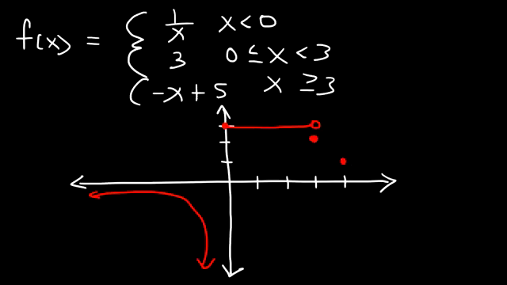And we can see why it's going down because it has a slope of negative 1. If we plug in 5, negative 5 plus 5 will be 0. So that will be the x-intercept of this piecewise function. And so we can see it's going down like that. And so that's it for this example.